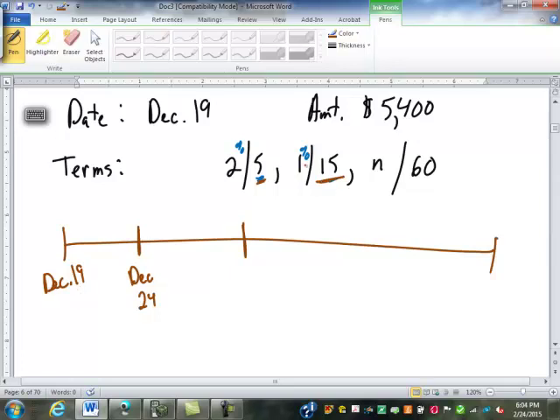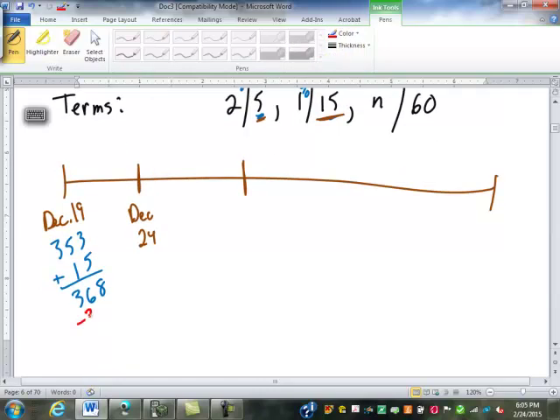If we look up December 19th on our chart, we get day 353. If we add 15 to that, we get 368, correct? How many days are there in a year? 365. We've gone past the end of the year, so to reset it, we subtract 365 to get day 3. So yes, that tells us this is January 3rd.